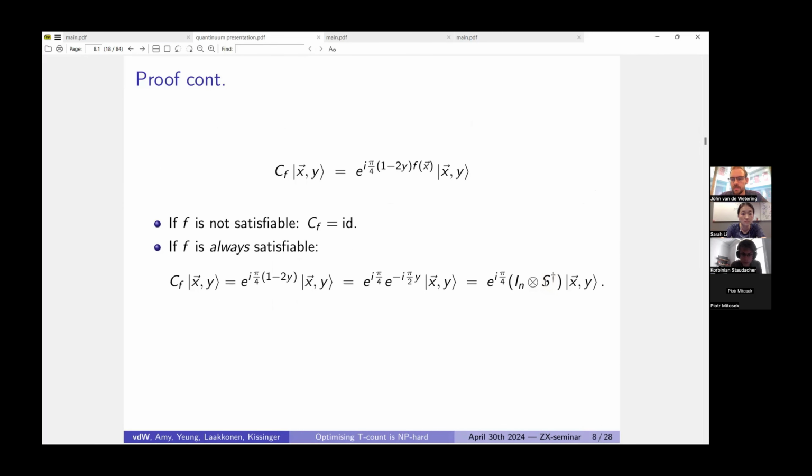So maybe we can ask if you can prove in every other case CF will require at least 2 Clifford gates, which seems reasonable. Then you can ask, is the Clifford count of this circuit 1 or less? And if so, then we know that one of these things is the case. And if it's bigger than 1, then we know it is satisfiable. So that would show that optimizing Clifford count in a Clifford plus T circuit is also NP hard.